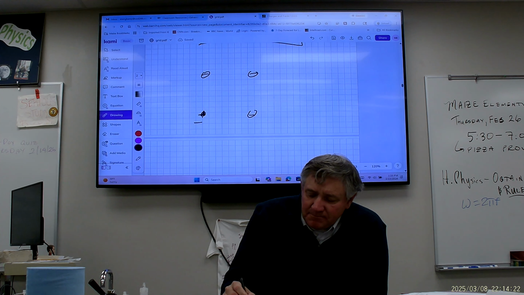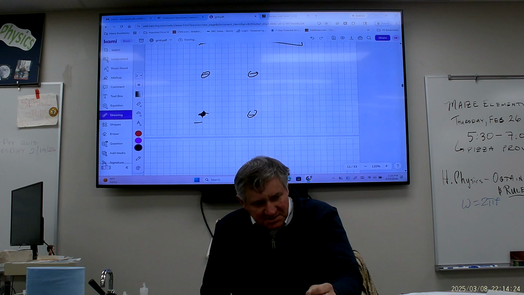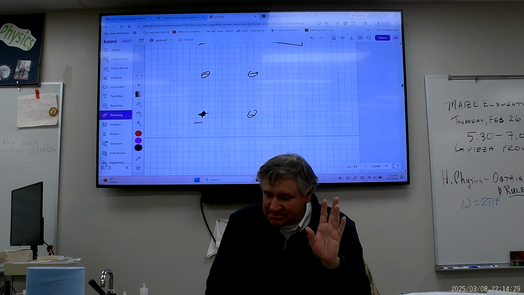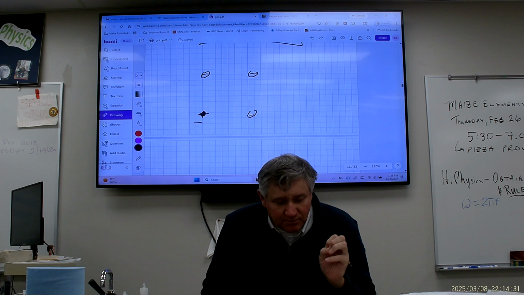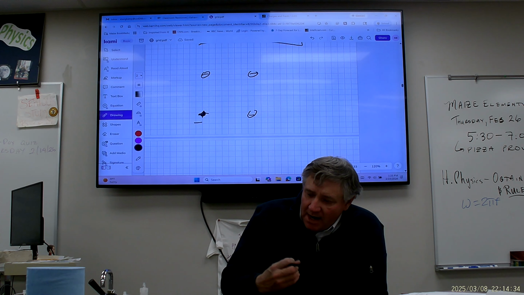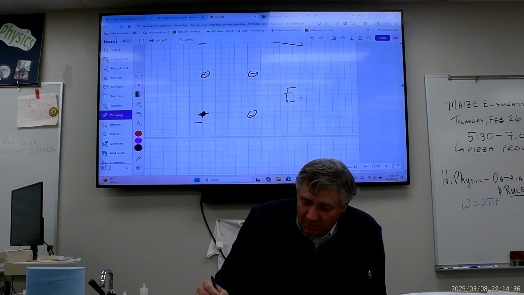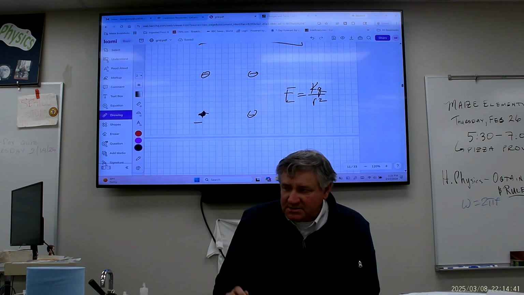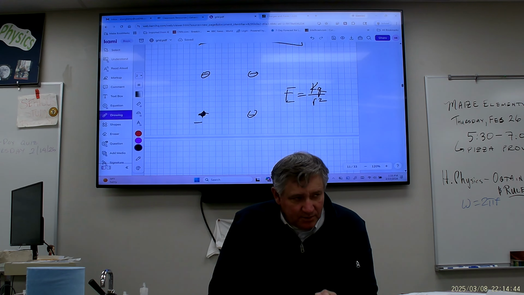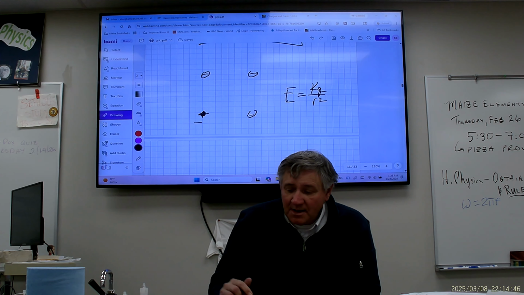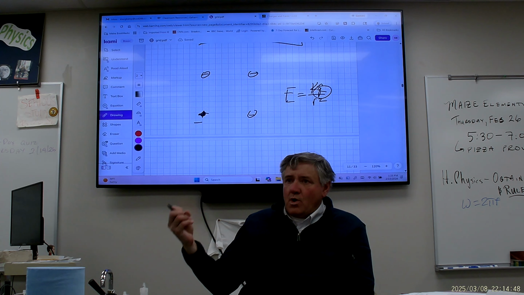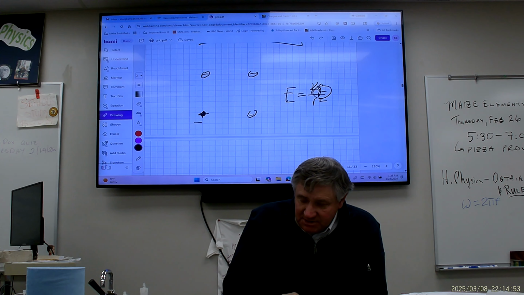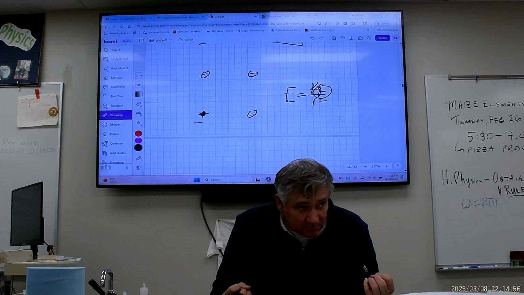So here's what's important, and here's the difference between forces and fields. This is one of those common misconceptions. If you look at how you calculate an electric field, and there are a whole bunch of ways, we're going to start with kQ over r squared. The value of an electric field is based upon only 1 charge, what's creating the field.